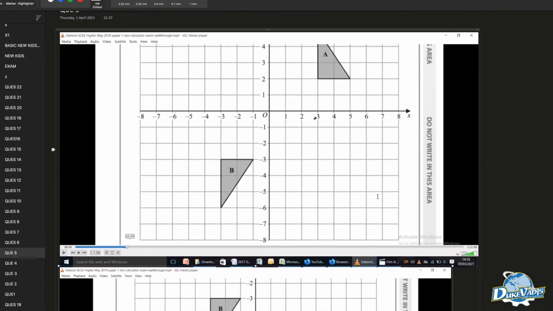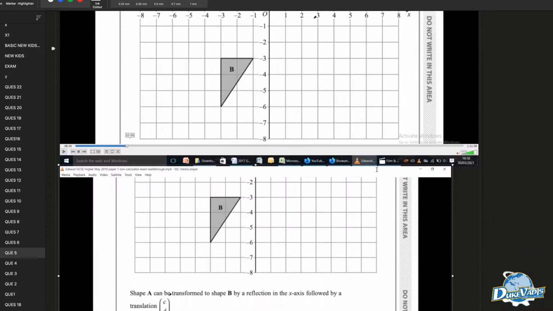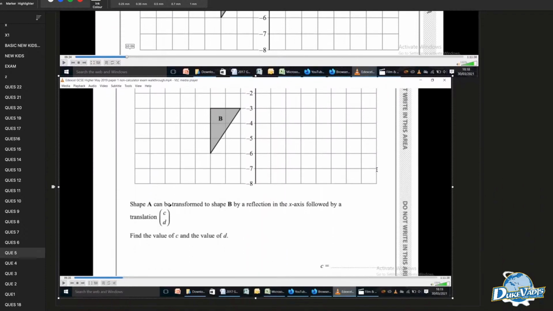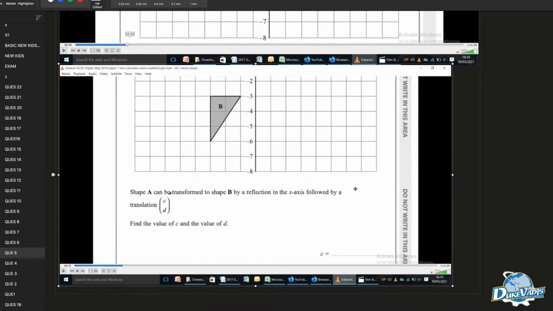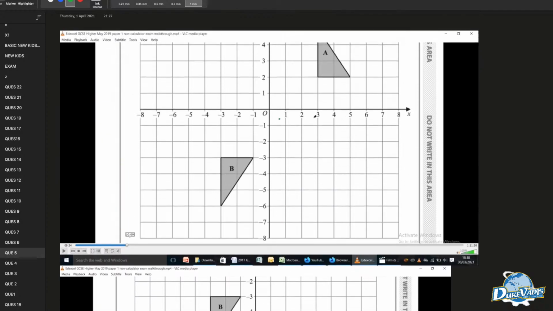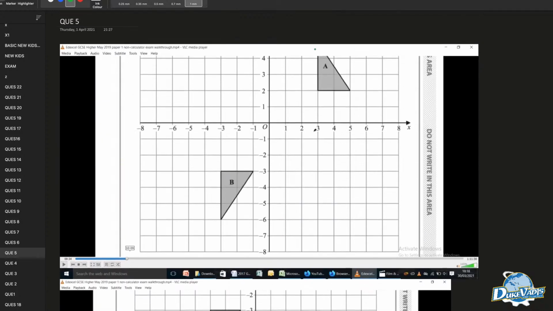So the first question, what does it say? It says a shape A can be transformed into a shape B. You see the question here. The shape A, as we can see, is the same as this one, only it is truncated.